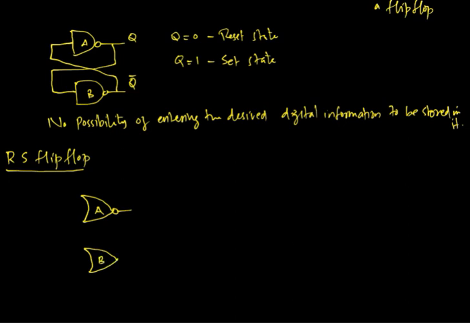A and B are the two NOR gates, and you know that the output of one gate is given as the input of the other. In digital circuits, we denote a connection by these round dots. Other crosses will not have a connection.